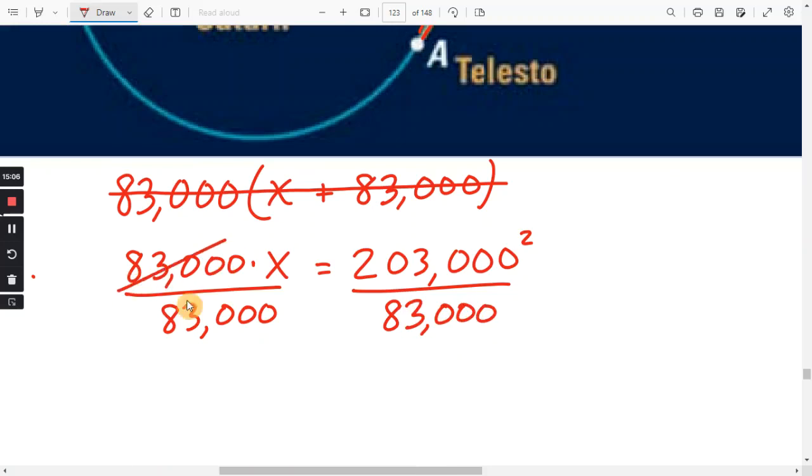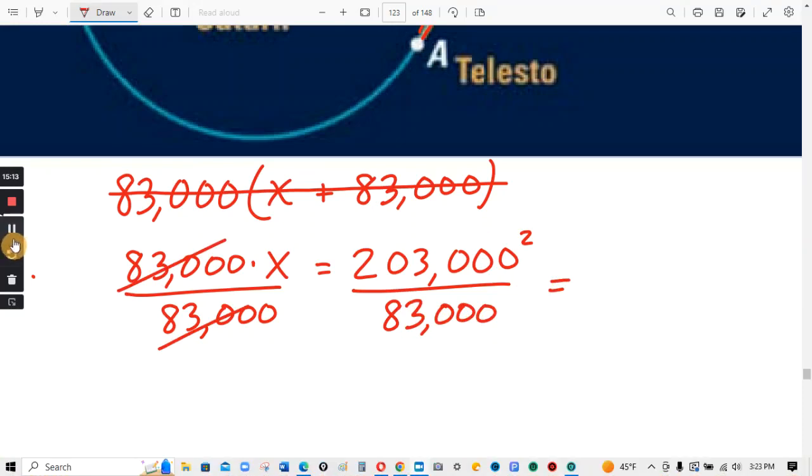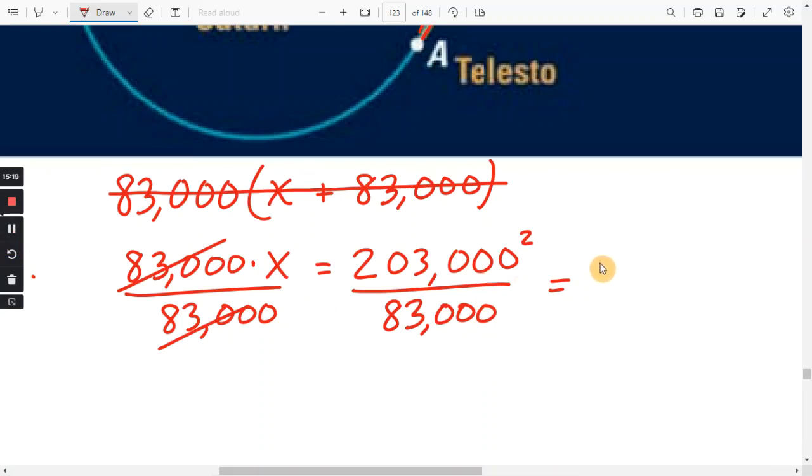Cancels here. We'll do this on the calculator. Make sure you square the numerator first. All right, I get a big decimal. I'm just going to do nearest whole number, so I have 496,494. Okay, the decimal on the end was 3.975, and it kept going.